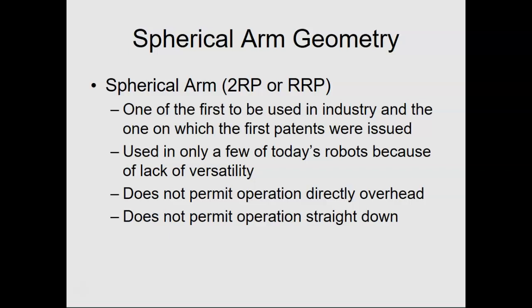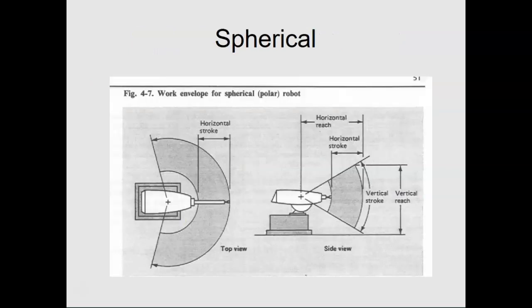It's used in only a few of today's robots because of the lack of versatility. It doesn't permit operation directly overhead or straight down. It limits itself. So this again is the Unimate, or at least the closest approximation of it.